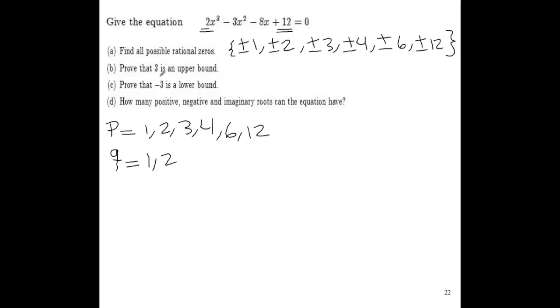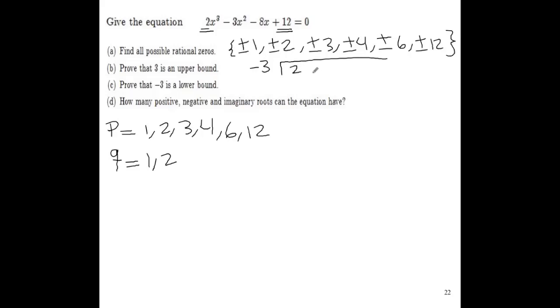Prove that 3 is an upper bound. So let's see. If I use the long division, I'm going to write down the coefficients here.